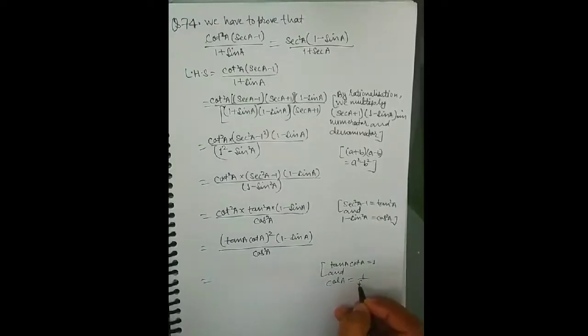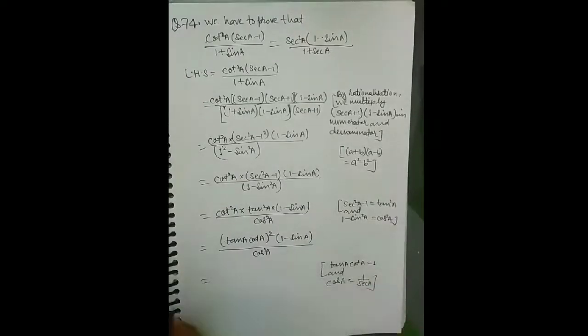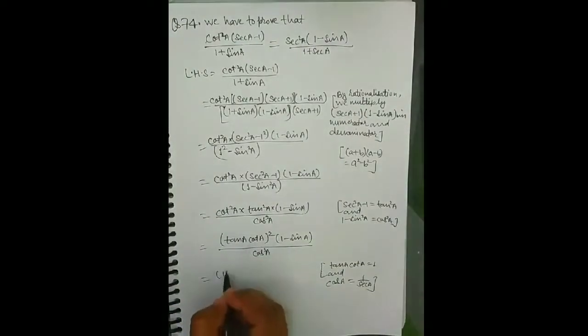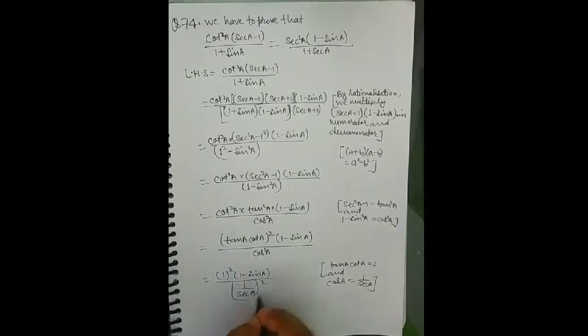Here we will use the formula tan a into cot a equal to 1, and cos a equal to 1 upon sec a. So we can write (tan a into cot a), that is 1 square, into (1 minus sin a) upon cos square a, that is 1 upon (sec a) whole square.